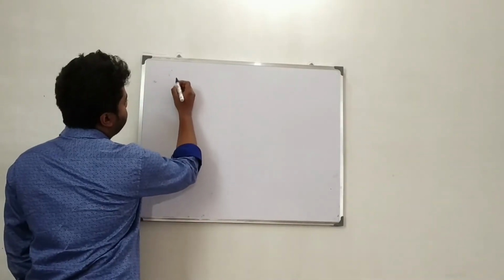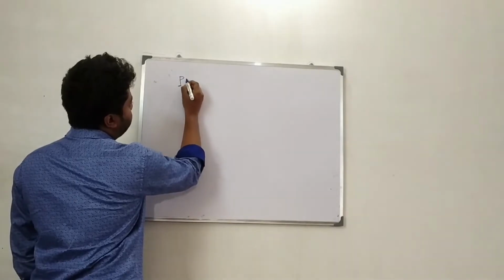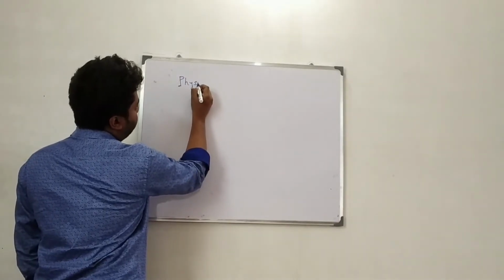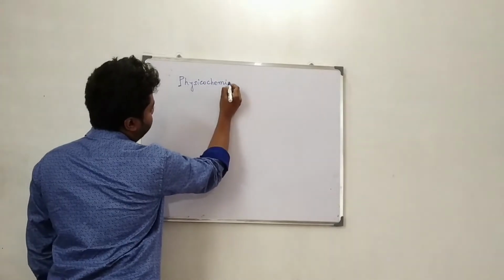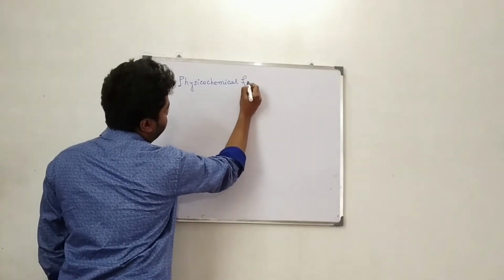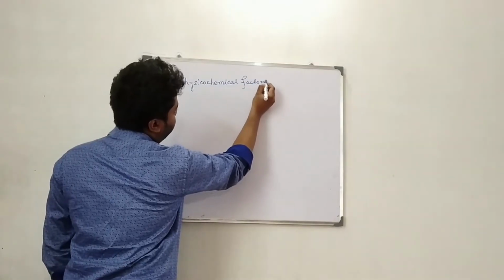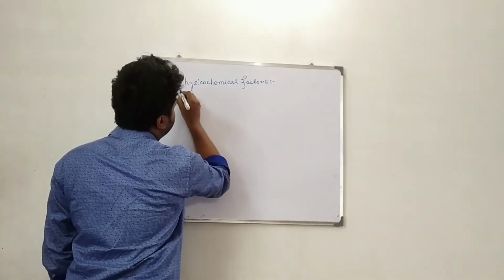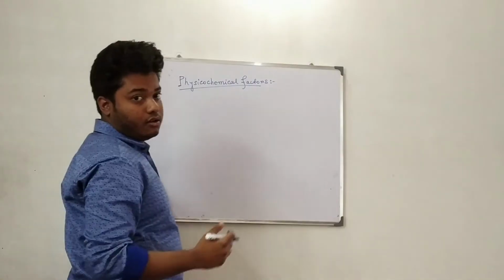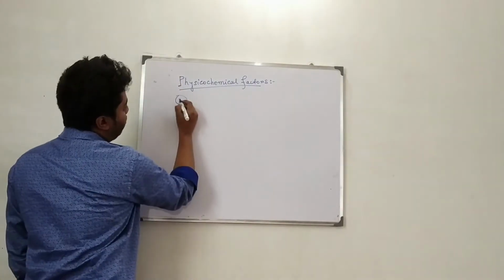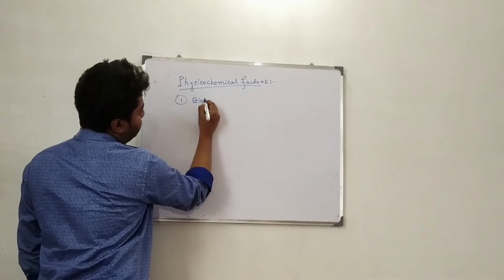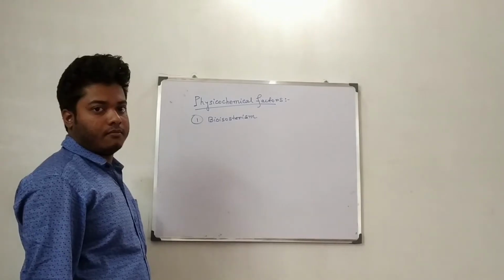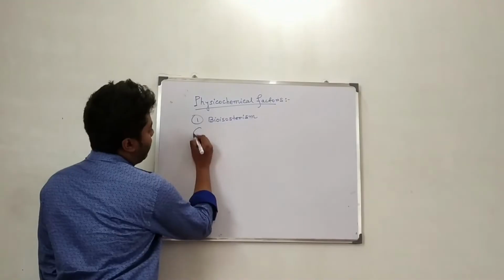We are discussing some of these factors. The most important that we have discussed is bioisosterism. Next is hydrogen bonding.